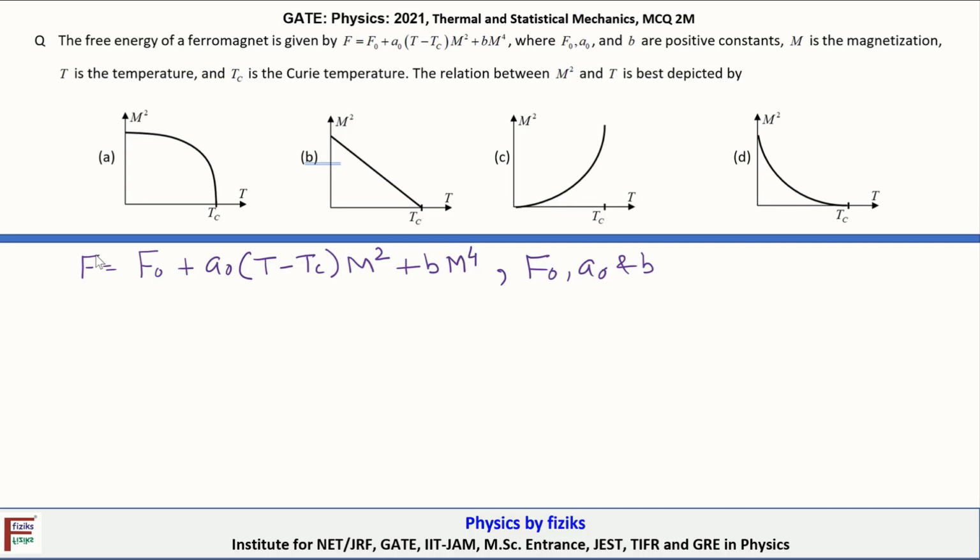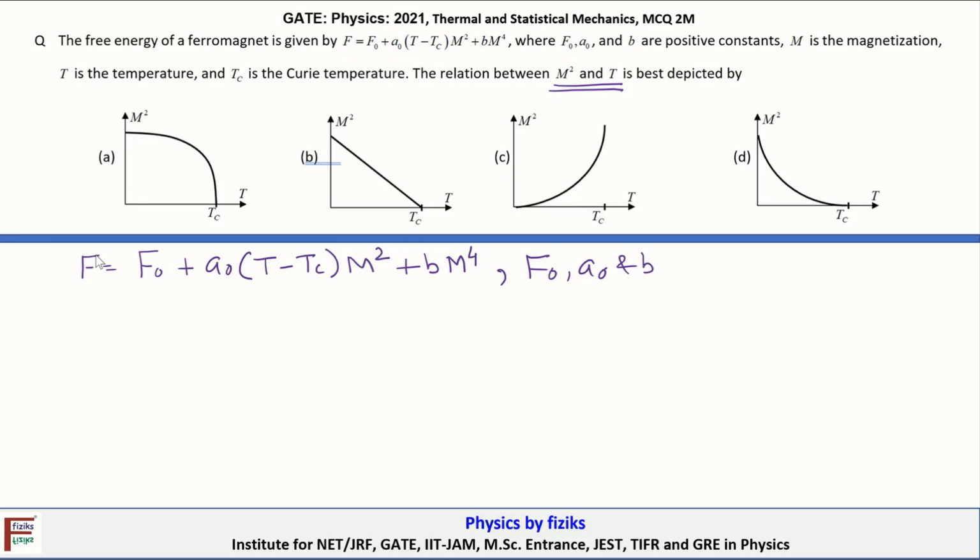Okay. So now we have to look for the correct diagram that correctly represents the behavior of variation of M square versus T. Since the free energy for this system is given to us, for the stable system we have to minimize the free energy with respect to magnetization.